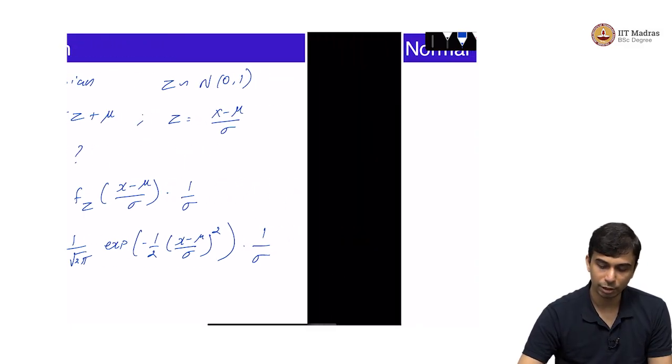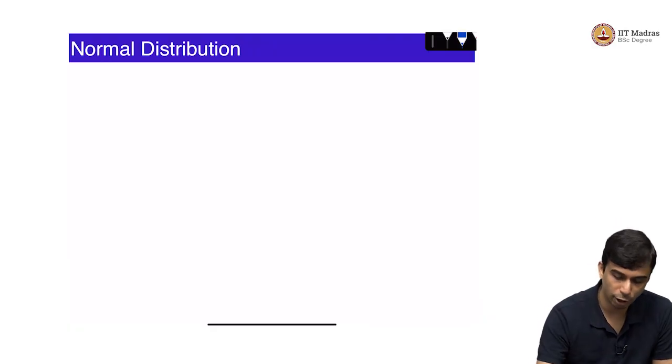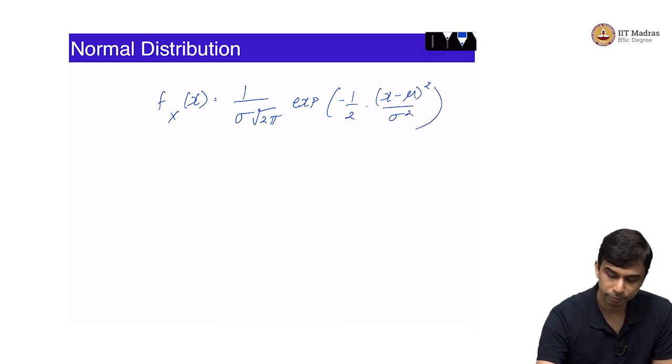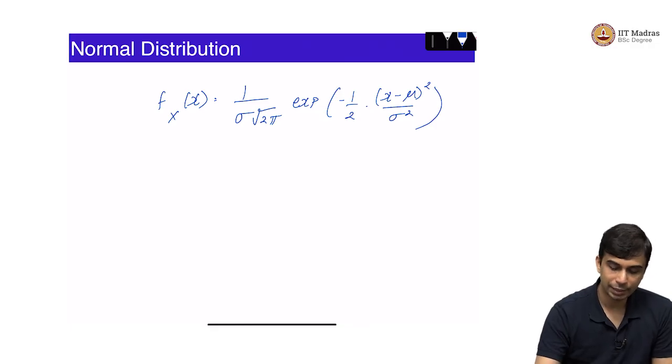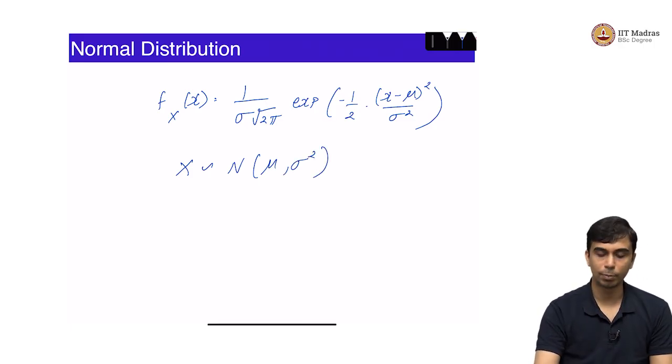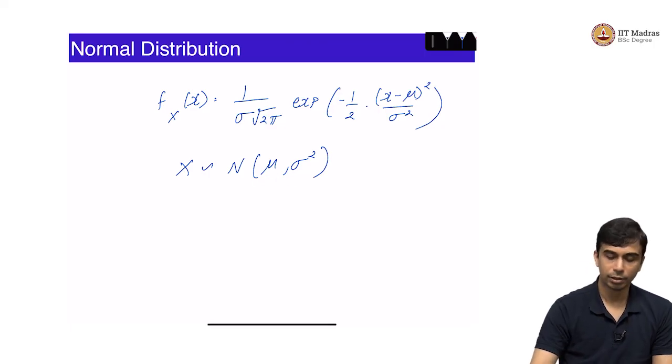So, put these together and you get the standard definition of a normal distribution, that is f_X of x is equal to 1 by sigma square root of 2 pi times exp of minus 1 by 2 (x minus mu) the whole squared by sigma squared. And we will just say x is distributed as normal with mu and sigma squared. So, now we get the general normal random variable instead of just 0 and 1, where mu and sigma squared we get back, right.